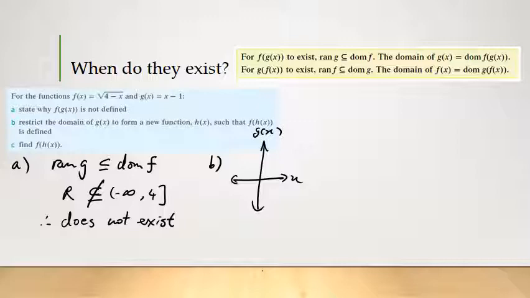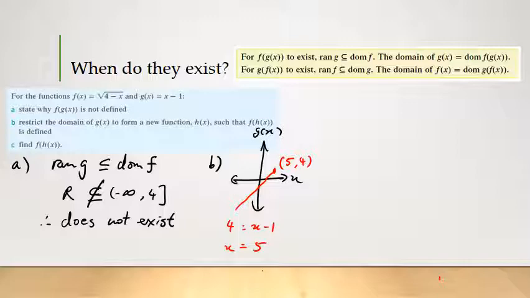Instead of a line like this, we cut it so that it goes from negative infinity up to 4. So we need to find the x value for this. 4 equals x minus 1, so x must equal 5.